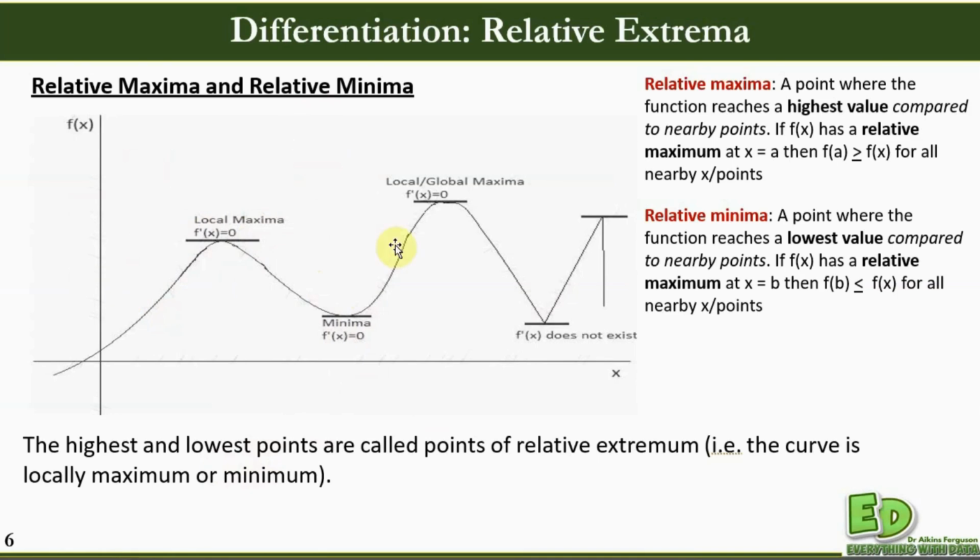So we have the local maxima, minima, global maxima, and then the points where the differential of a function doesn't exist, right? So maxima has to do with the maximum point, minima has to do with the minimum point.